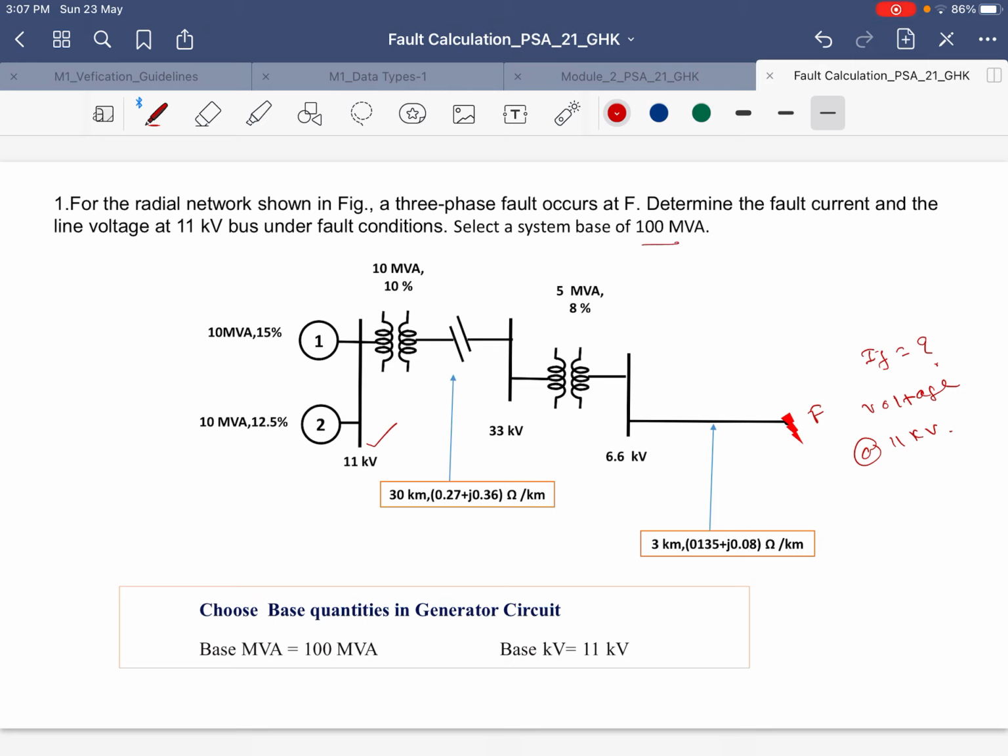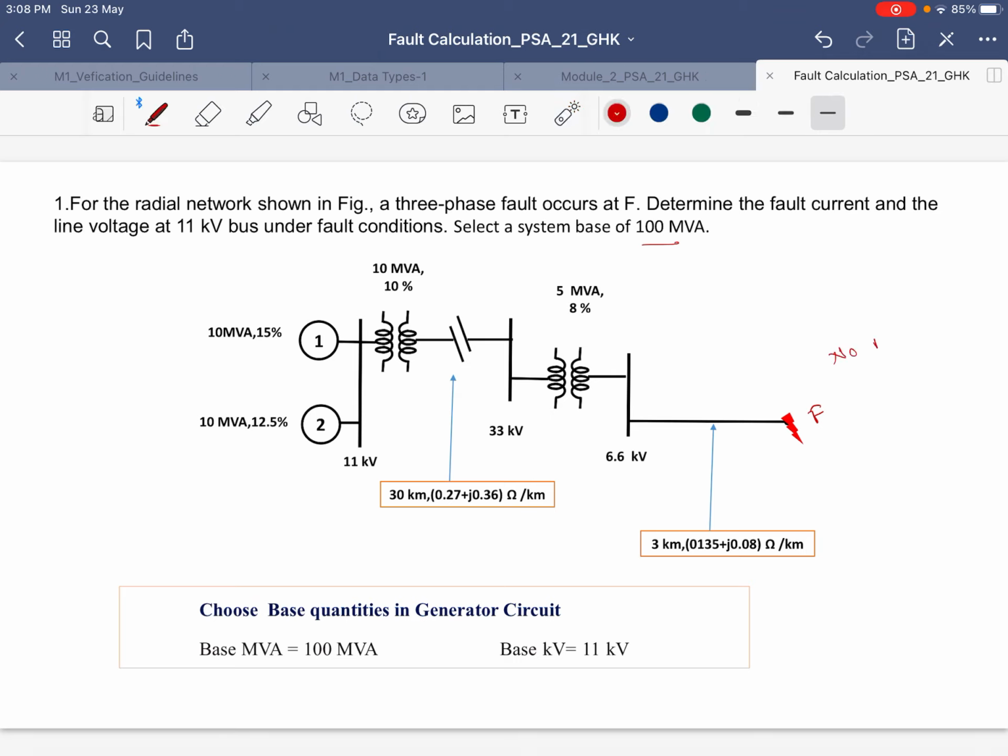He is not saying anything about the voltage here. Therefore, you look into the diagram carefully. Here, at different stages, he has given the voltages. The bus connecting the two generators is 11 kV, the intermediate bus has 33 kV, and at the feeding point it is 6.6 kV, and the system is under no load condition.